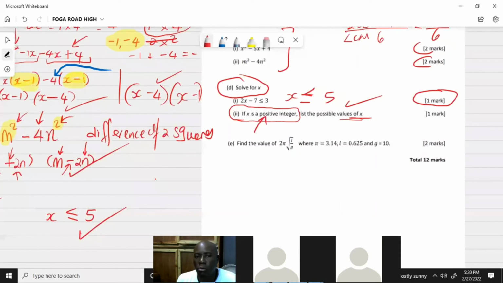So then we should be able to list the possible numbers here. First one is 5, 4, 3, 2, 1. Because they said if x is a positive integer, list the possible values of x.